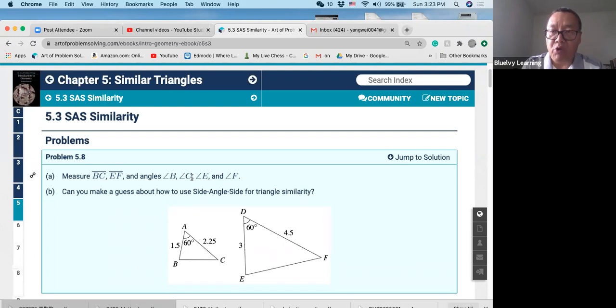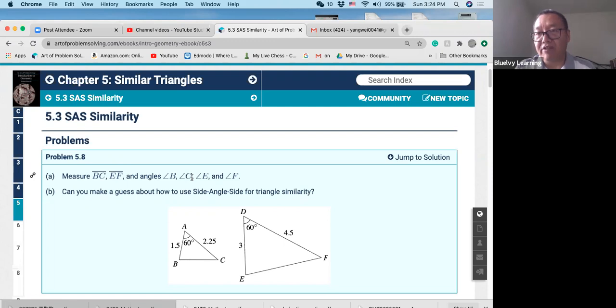We only require these two pairs of sides to have the same ratio. They don't have to be equal to each other. You just need to have the same ratio. Suppose the ratio is 1 over 2, or 1 over 3, or 1 over 20, or 2. That's fine. We don't care about that number, but we care that these two ratios should be the same number. Then for the angle, you need to have one pair of angles that are congruent.